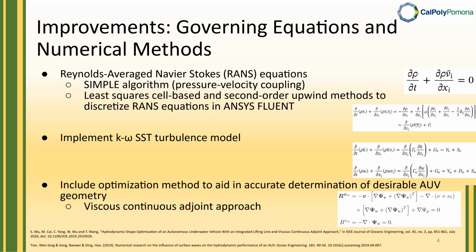Second, implementing a K-omega SST model to accurately predict the amount of flow separation under adverse pressure gradients should be utilized. And third, coupling the previous 2 points with an optimization procedure using viscous continuous adjoint approach would help in accurately finding a desirable AUV geometry. Next slide, please.